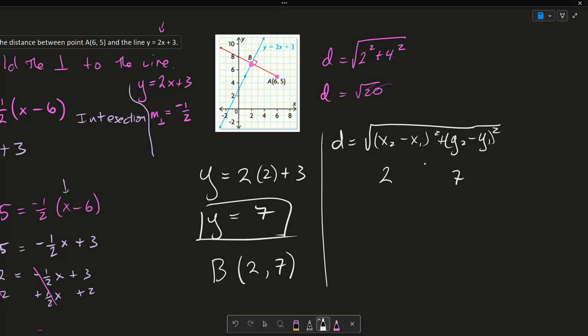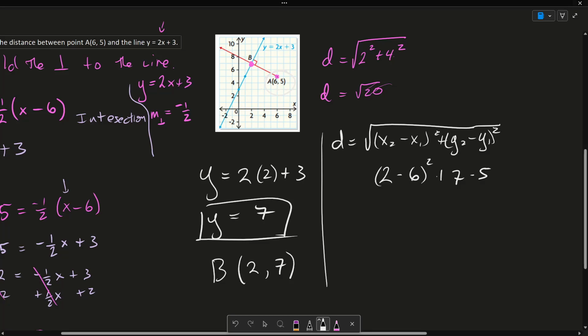And then I've got a 6 and a 5 over here for point A. So I'm going to put my 6 for my x here, and my 5 for my y. And I'm going to subtract them, square them, and add them, and then root them. And that's our traditional distance formula.